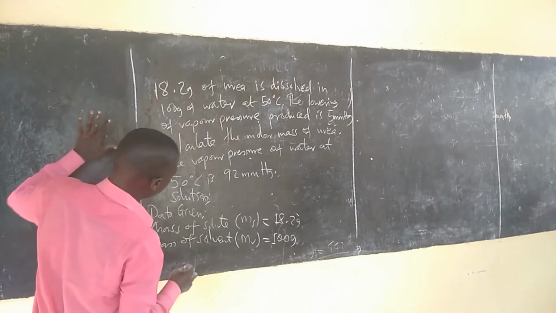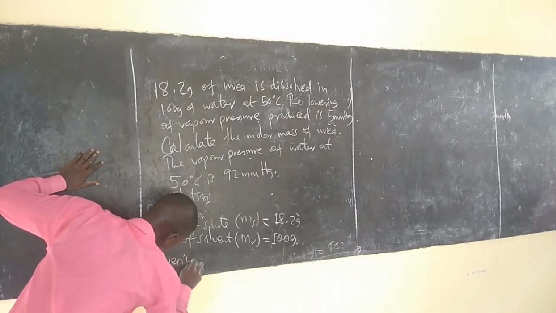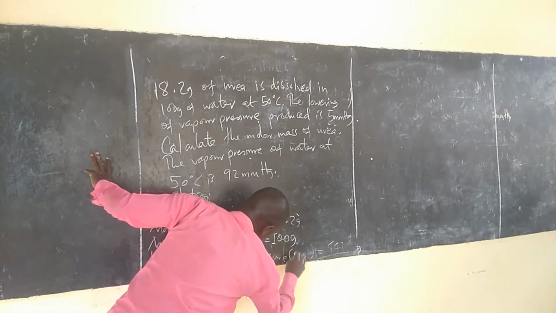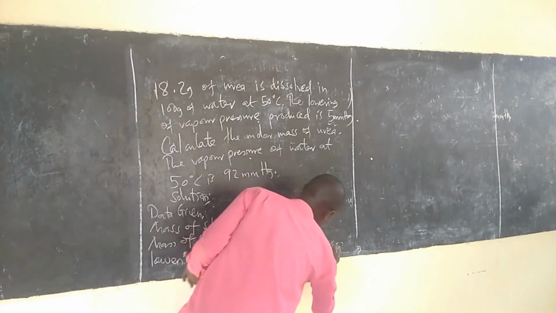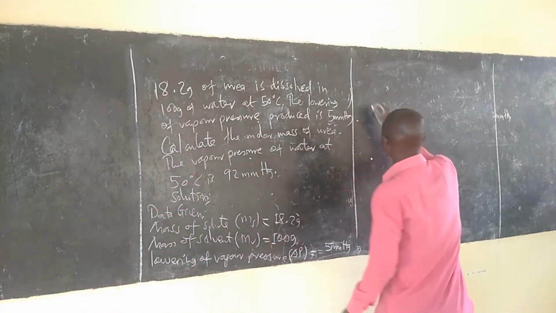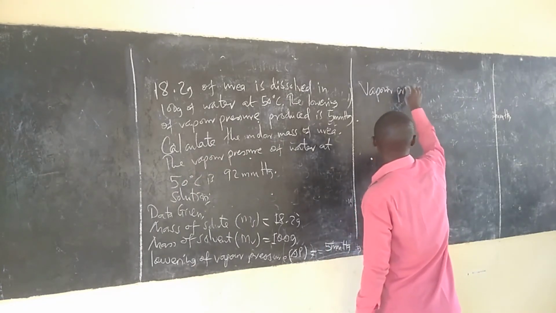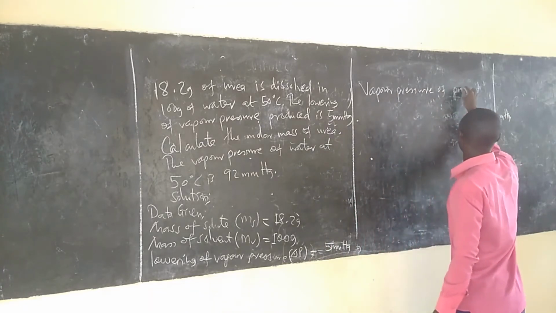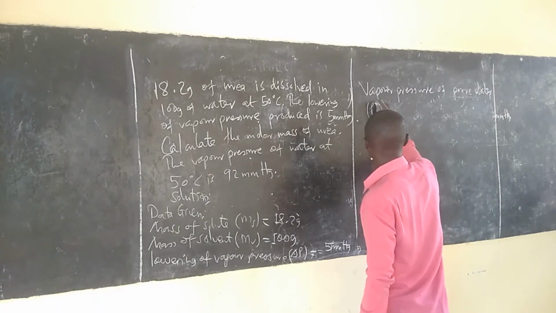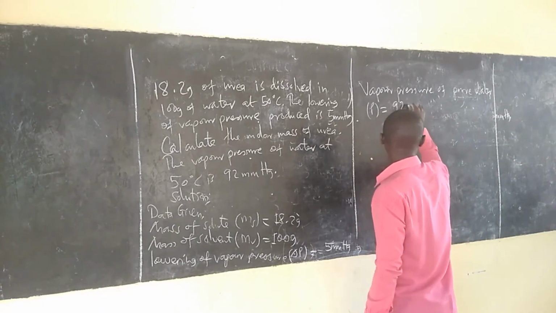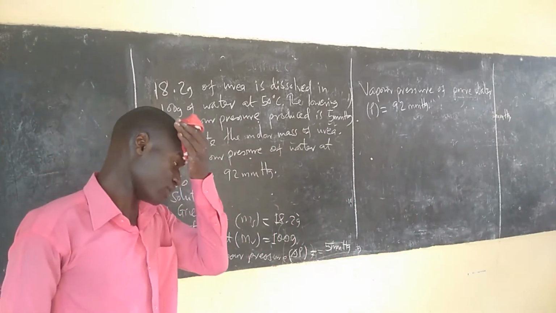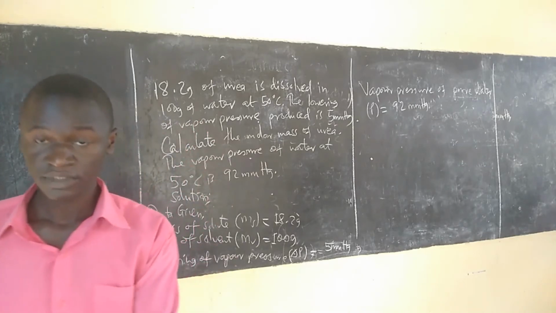Then you are given lowering of vapor pressure, change in P, which is equal to 5 millimeter of mercury, and also you are given the vapor pressure of pure water, P equal to 92 mm of Hg. So those are the measurements given in the question, and we need to find the molar mass of urea.